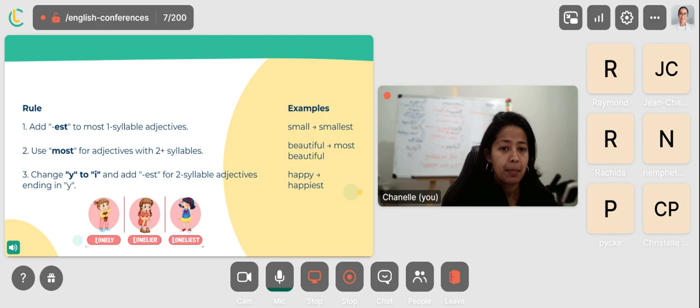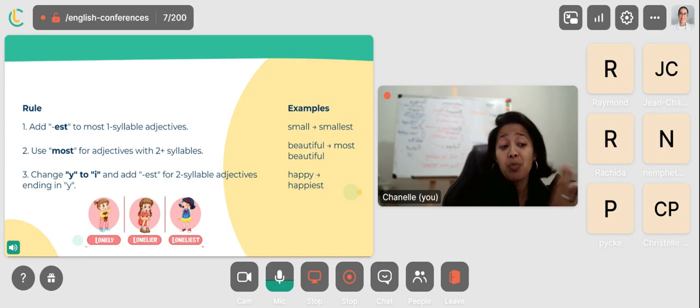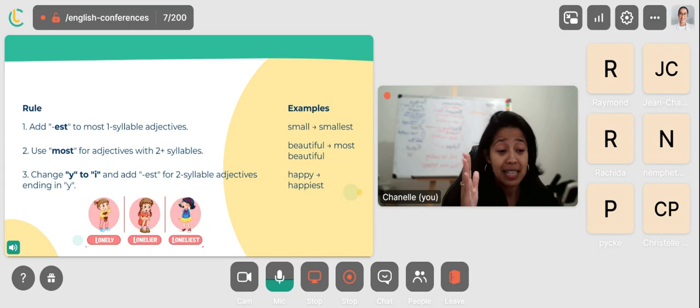So, with our rules for the superlative, we add est to most one-syllable adjectives. Small, smallest. Big, biggest. So we started with small as an adjective, smaller as a comparative, and smallest as a superlative. Then we use most for adjectives with two or more syllables. For example, beautiful is our adjective.